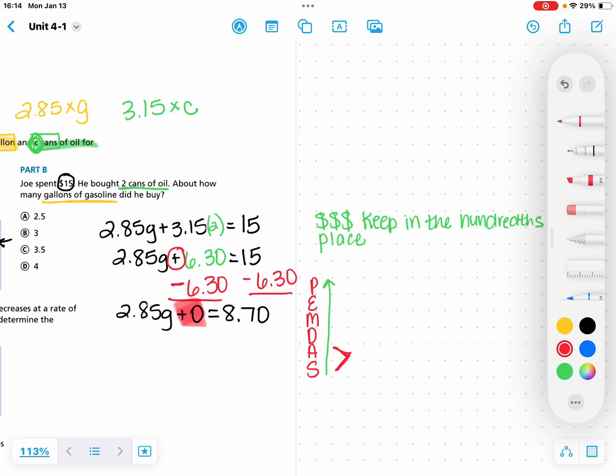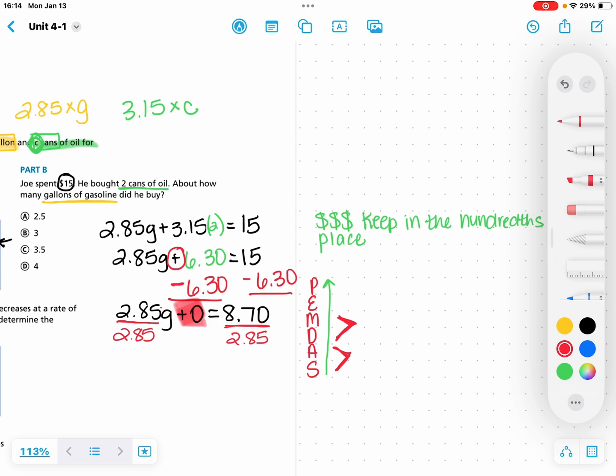So I'm going to go ahead and move on to the next step. The next step is dealing with any multiplication and division. Right now I have 2.85 times G. The opposite of multiplication will be division. What I do to one side, I've got to do to the other side.